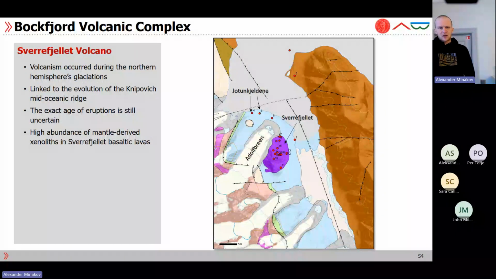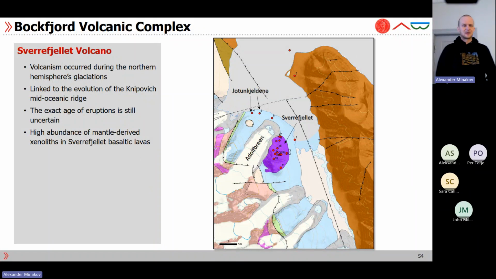So in this talk, I will focus mainly on the Sverrefjellet volcano. Sverre and Anniken already discussed it, and Sasha discussed some of its features. We don't know the exact age of the volcano because there are several different age estimations based on different methods, and they are both extreme.